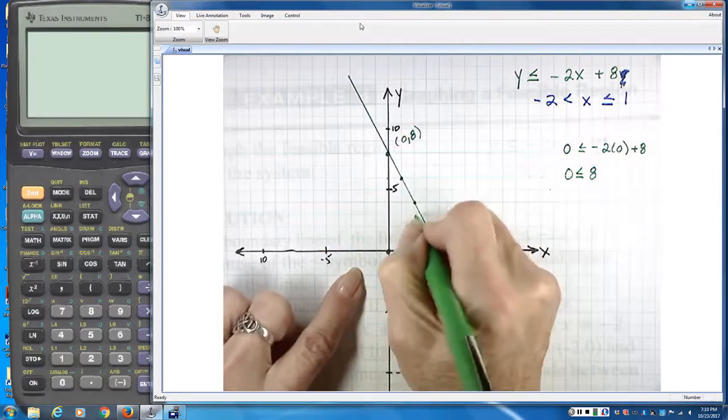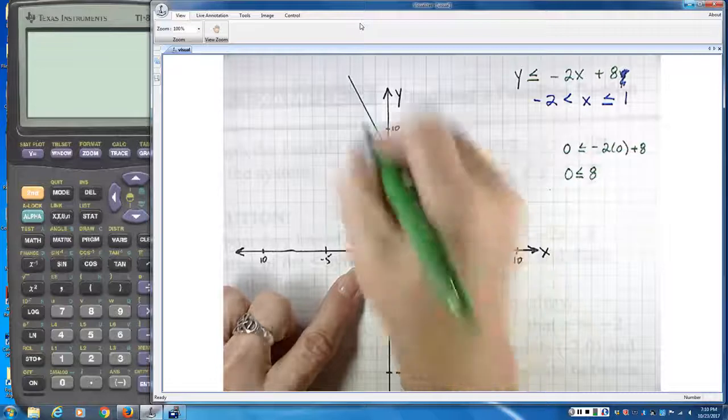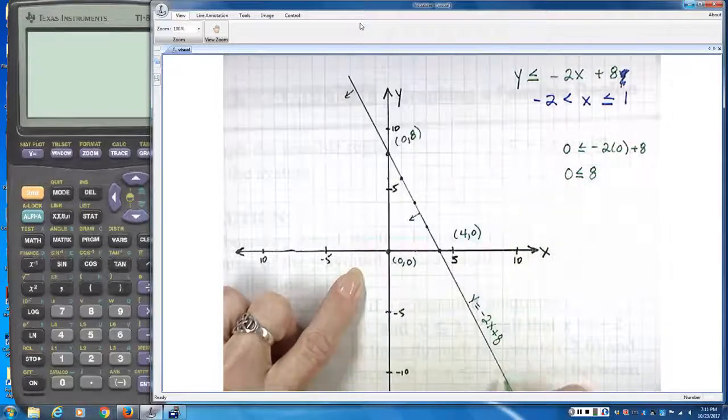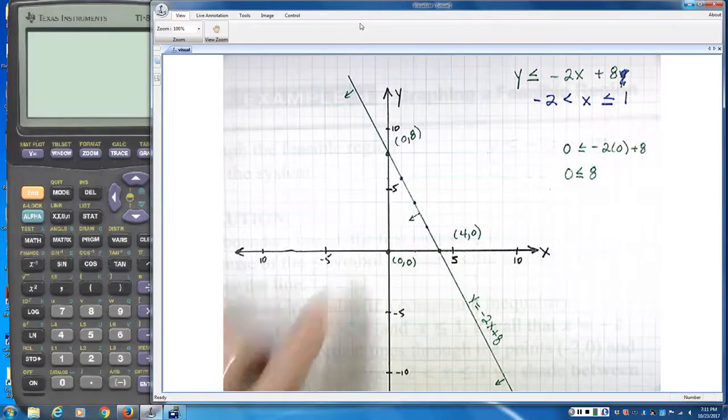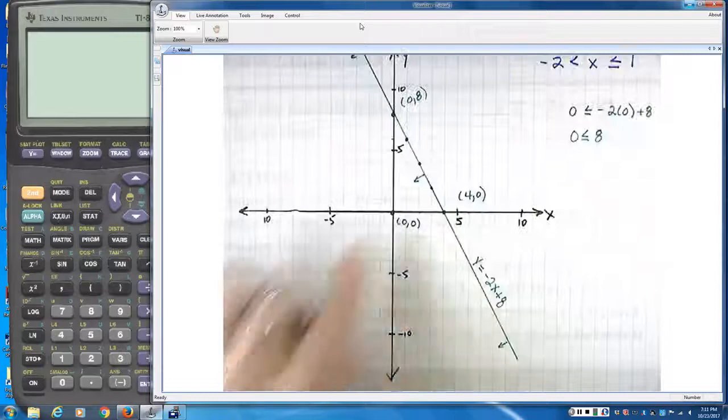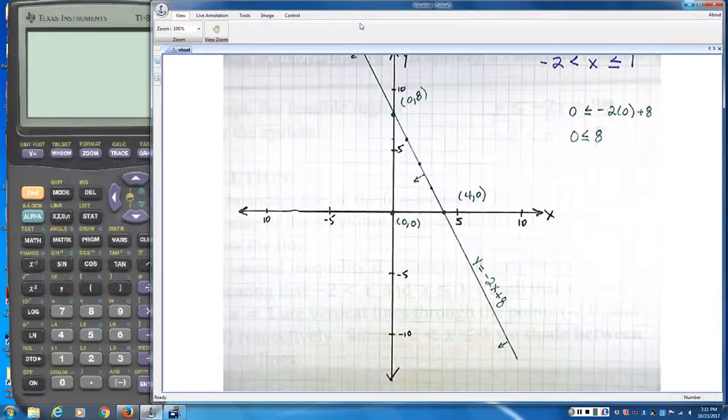So that means when I get ready to shade, I'm going to want to shade that direction. And notice I didn't actually shade, I just drew some little arrows saying I'm going to shade on that side. Okay? Then I'm going to go about trying to figure out how to graph the rest of this, because the rest of this is a little complicated.